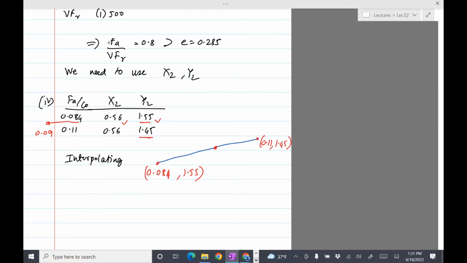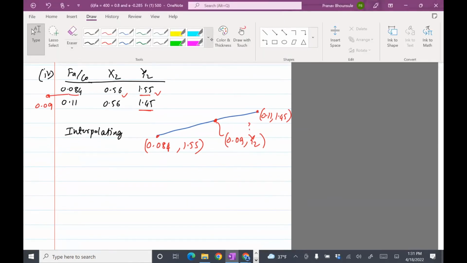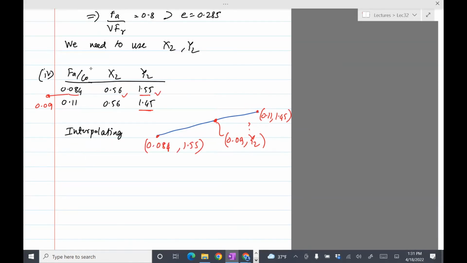And then we want to figure out what is the value at 0.09, what is the value for y2? Okay, this is unknown. So fitting a straight line to these points, all you have to do is take the y coordinates or x coordinates, it doesn't really matter. So let's just take the y coordinates. So 1.45 minus y2. Okay, so I took this and this.